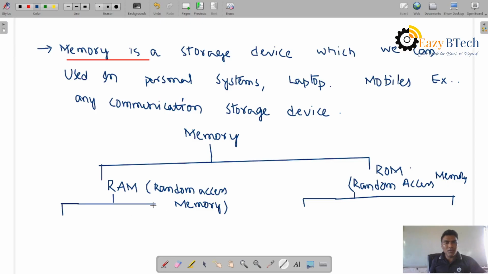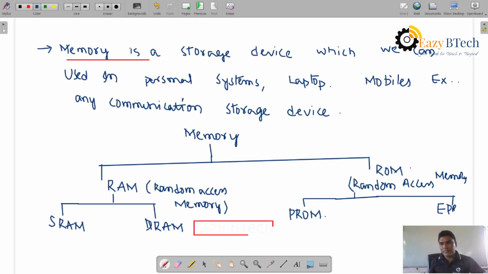So this DRAM memory cell designed by MOS transistor is what we are going to study. Then PROM, programmable read-only memory, and EEPROM, right?